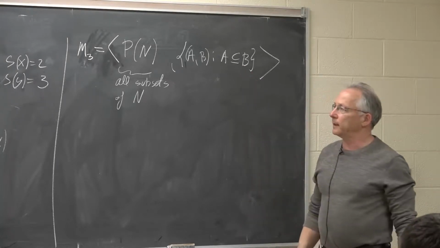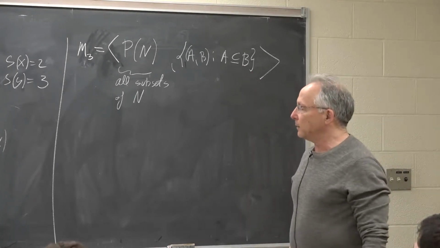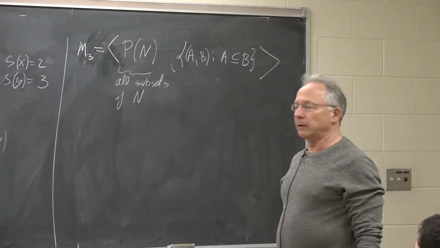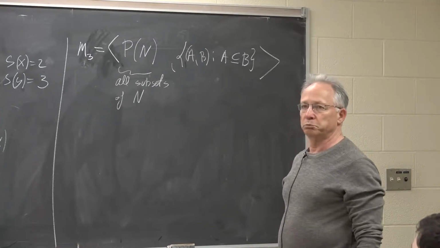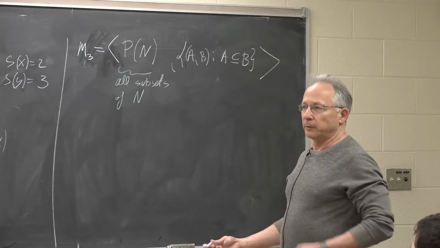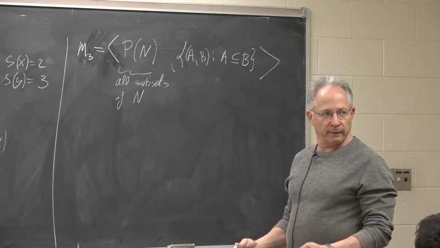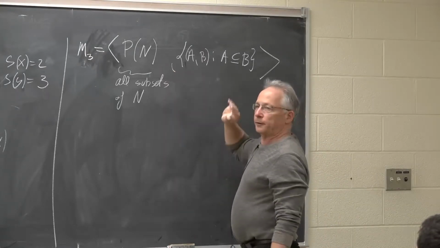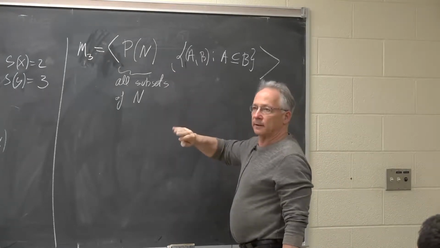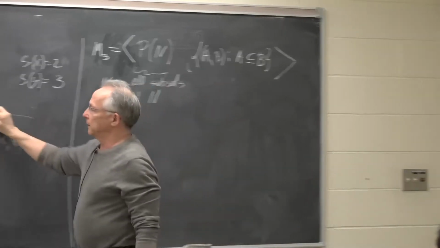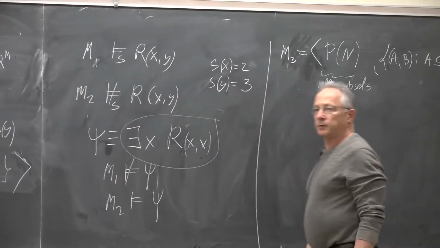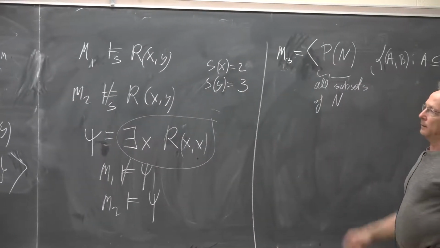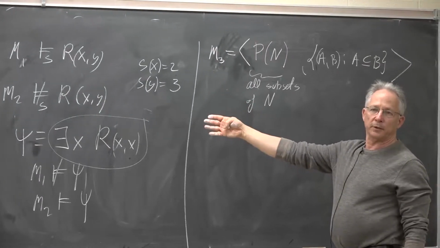And can you show me a sentence that holds in M2 and does not hold in M3? So we can play all of those games, but we see that I can have all kinds of interpretations of the same sentence. The same formula assumes a completely different meaning depending on what my structure is.